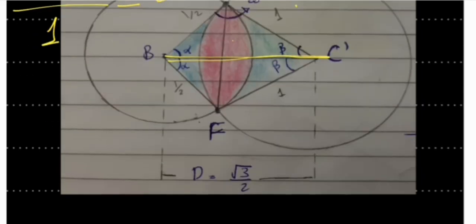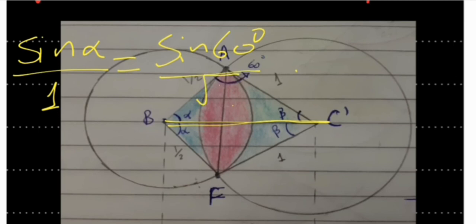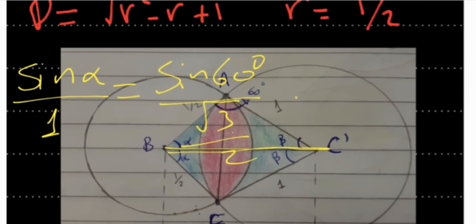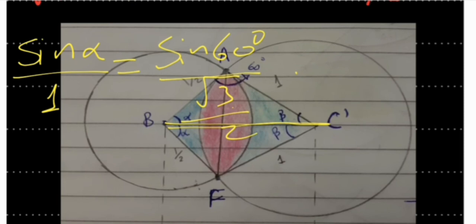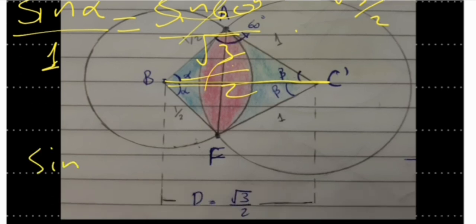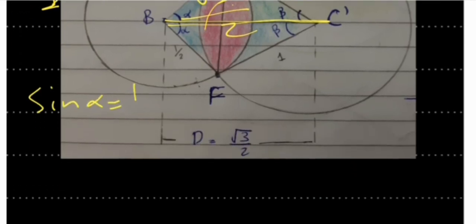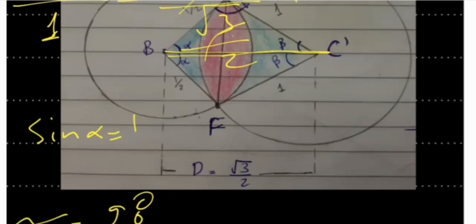This side over here, the opposite side, square root of 3 divided by 2. So remember, sine of 60 degrees is square root of 3 divided by 2. So this is going to be 1, multiplied by 1 is 1. So sine of alpha is equal to 1. So alpha is actually 90 degrees.